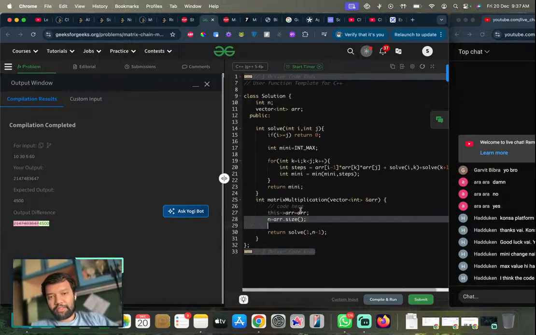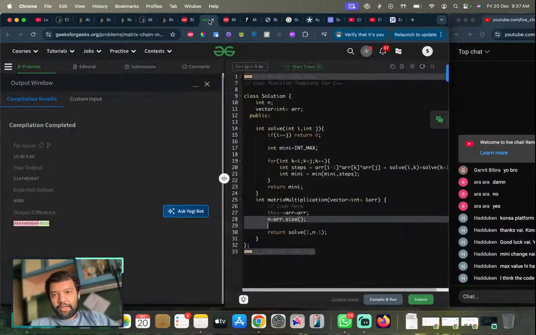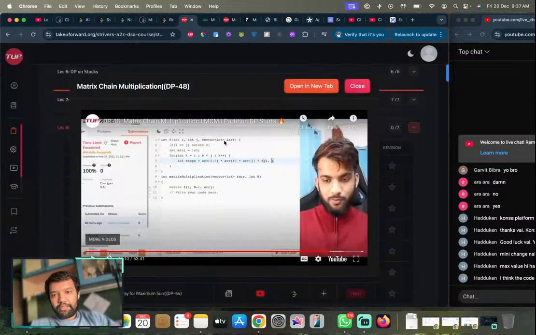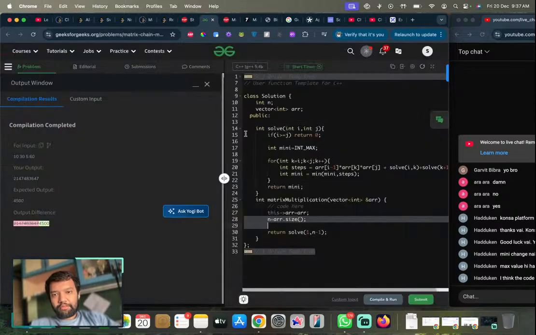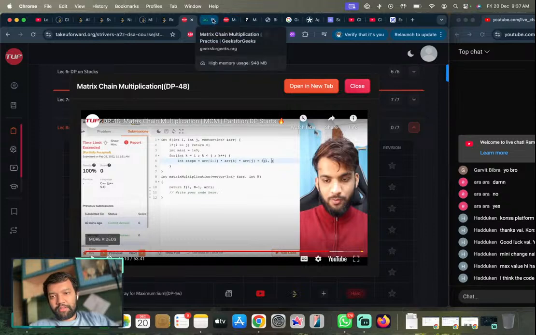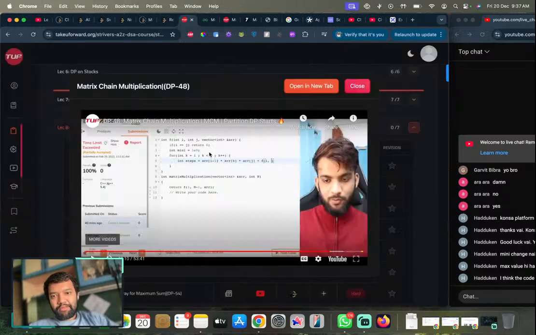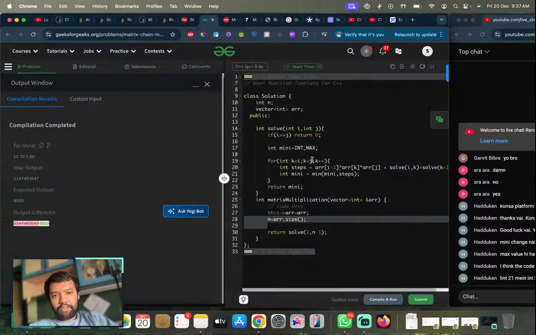Oh, I need n. I is equals to j, return 0. Int mini is equals to 10 raised to 9. Int max. k is equals to I. K smaller than j. K plus plus.